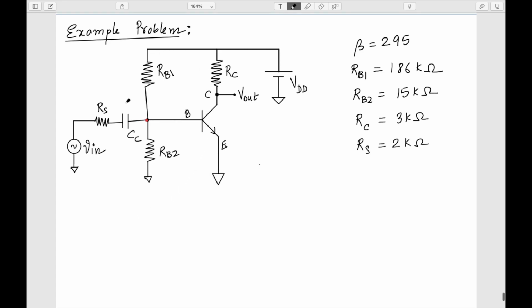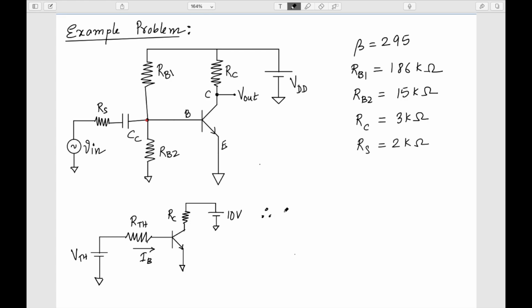The first thing we'll do is the DC analysis. For that we need the Thevenin equivalent circuit. So I have my VTH, this is my RTH, VDD is 10 volt, and this is my RC.